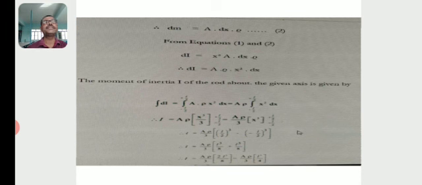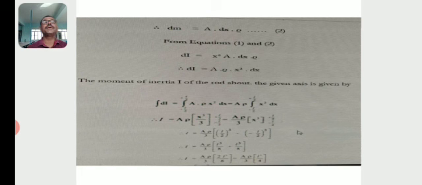Then I is equal to A rho x cube by 3 with the limits minus L by 2 to plus L by 2, where the integration of x square becomes x cube by 3, which is equal to A rho by 3 into x cube with the limits minus L by 2 to plus L by 2.